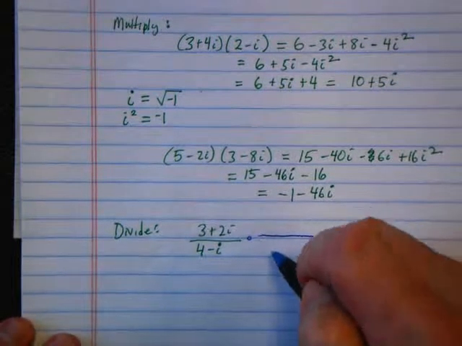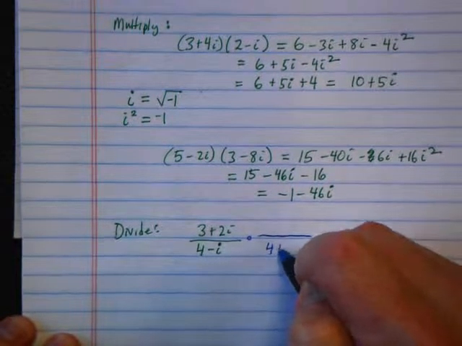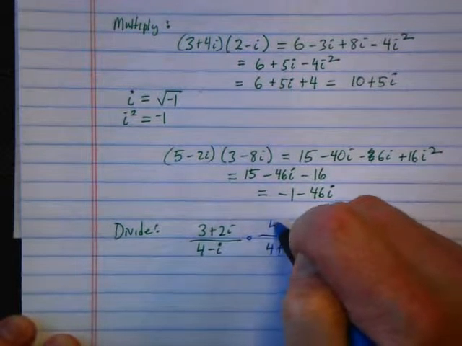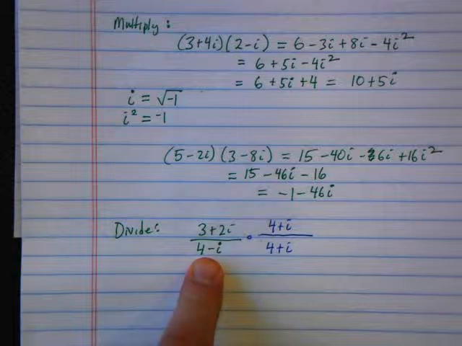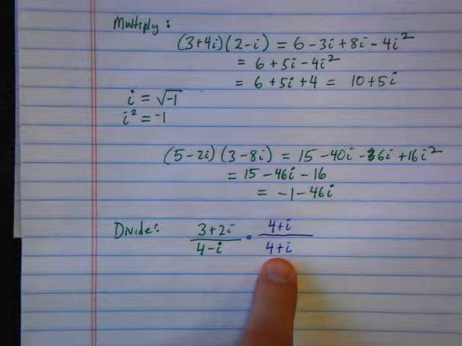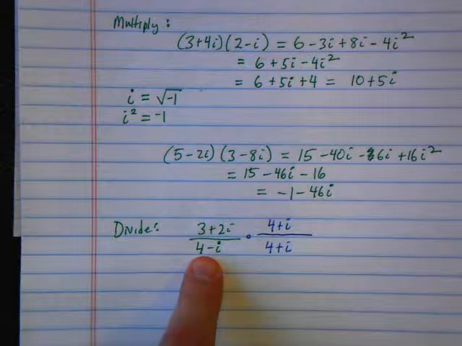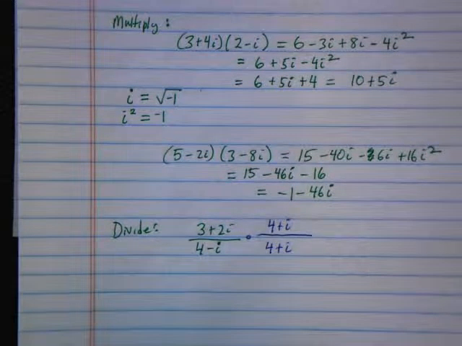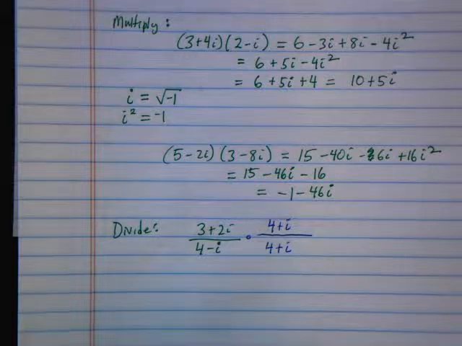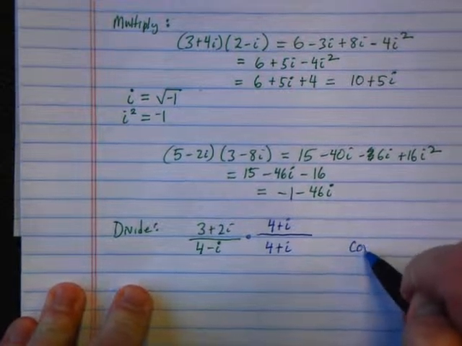We're going to multiply by 4 plus i. Whatever you have on bottom, you take the exact same thing except you change the sign in the middle. If it's a 4 minus i here, we write a 4 plus i. There's a name for that. Anybody know the name for change the sign in the middle? Conjugate. Excellent. That's called the conjugate.